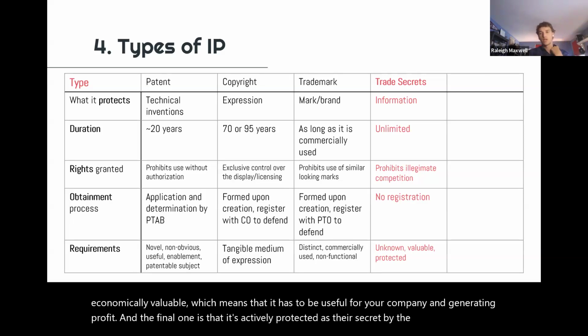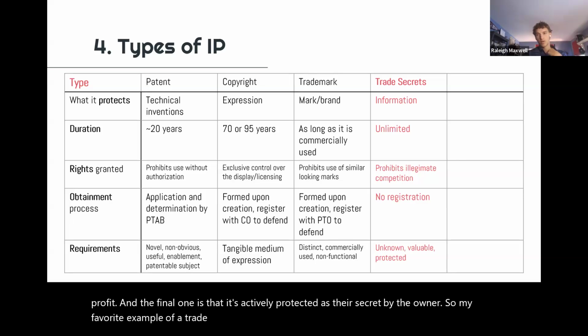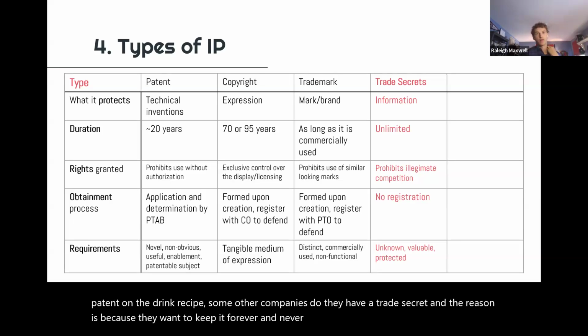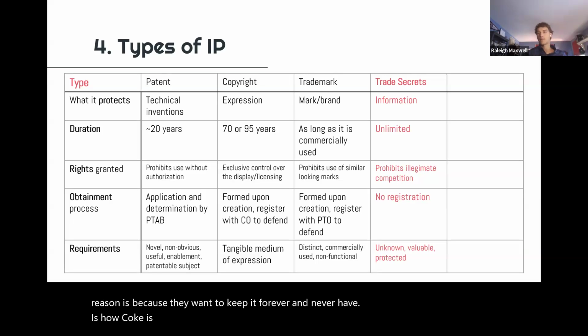My favorite example of a trade secret is the Coca-Cola formula. Coca-Cola, instead of getting a patent on the drink recipe, as some other companies do, has a trade secret. The reason is that they want to keep it forever and never have to disclose how Coke is made, because then Pepsi could just totally copy it. That's why they don't file for a patent.